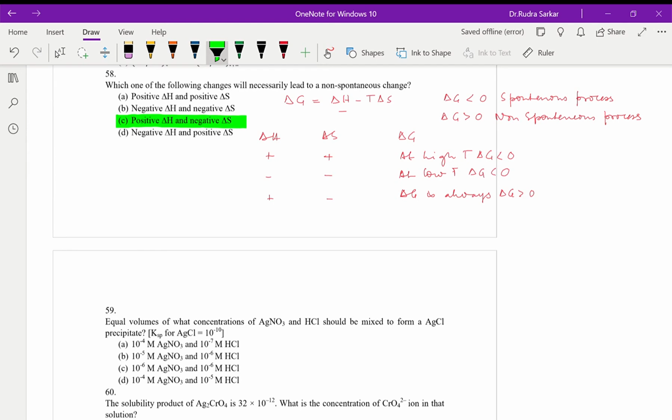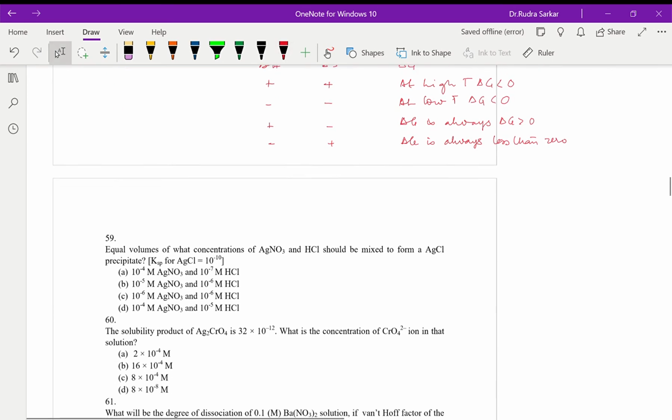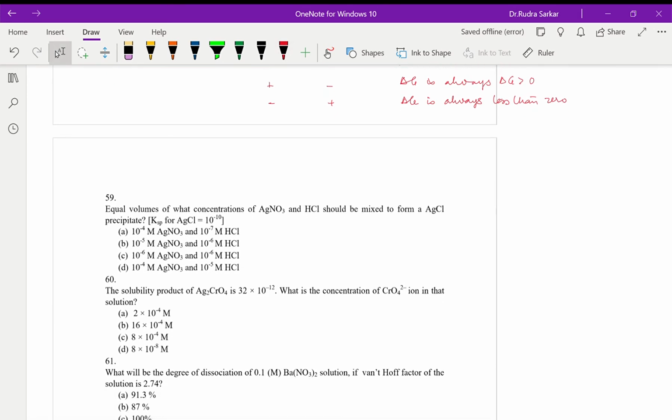For the next one, which says delta H is negative and delta S is positive, here delta G is always negative, or less than 0. That means always spontaneous. Let us go to the next problem, 59.